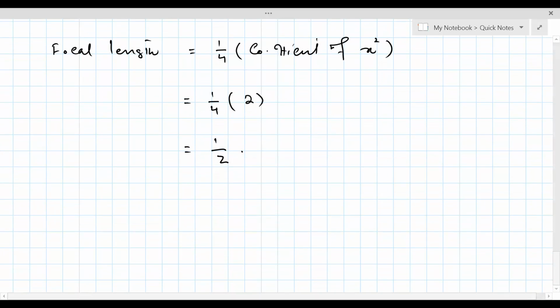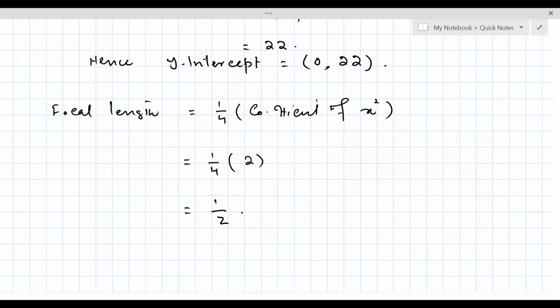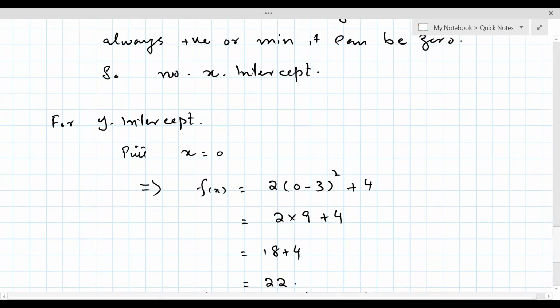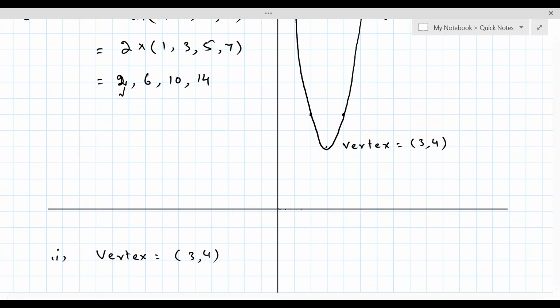And if we want to find out the directrix, it will be below the graph, because if 1 by 2 is the focal length, then the focus is right here, and the directrix will be just below the graph. So this will be the equation of the directrix.